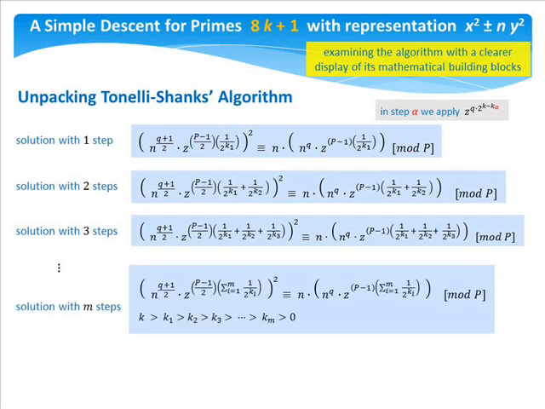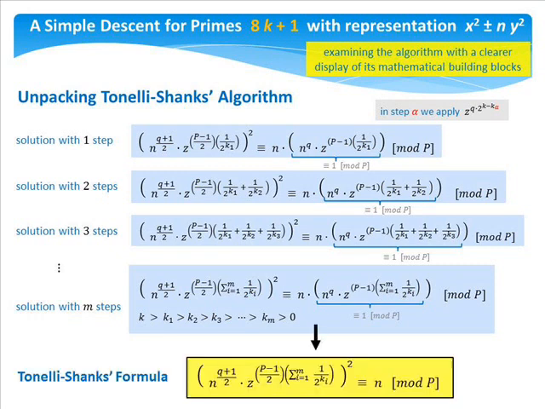Therefore, when m steps are needed, the exponent includes the sum of the reciprocals of the separate k sub m values. Remember that k sub 1 is smaller than k, that k sub 2 is smaller than k sub 1, and so on. Finally, as the brackets on the right side are congruent to 1 modulo p, the Tonelli-Shanks formula is revealed.